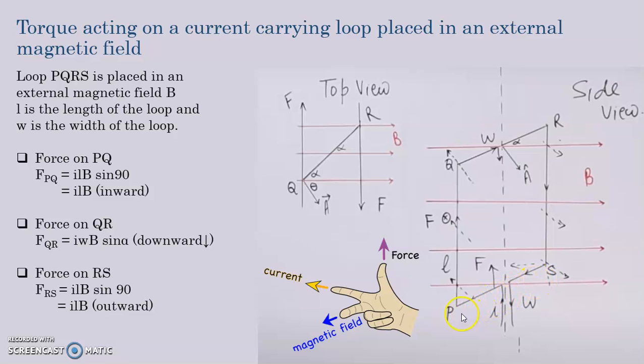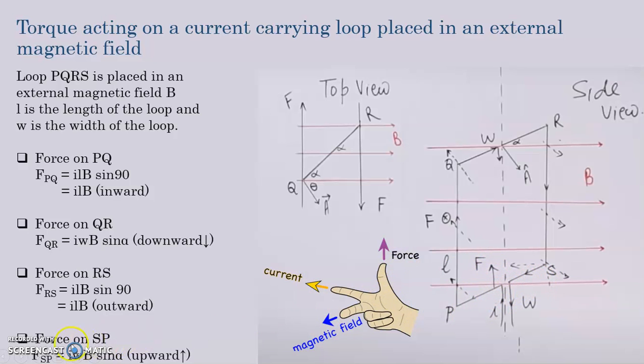Also let us find force on SP part of the coil. The direction of force on SP part of the coil will also be given by right hand rule. If we make use of right hand rule, the direction of the force on SP will be in upward direction.